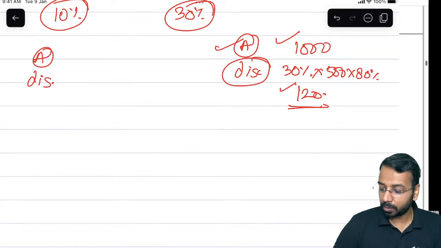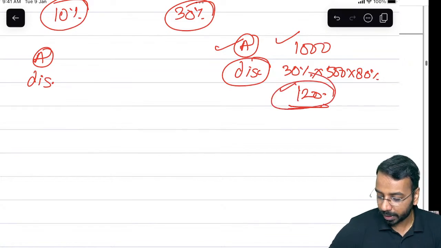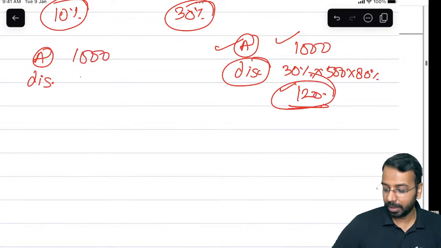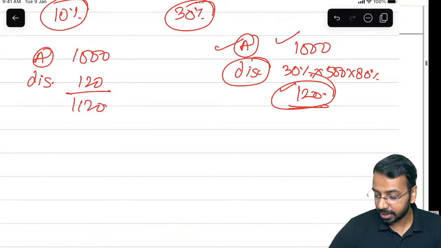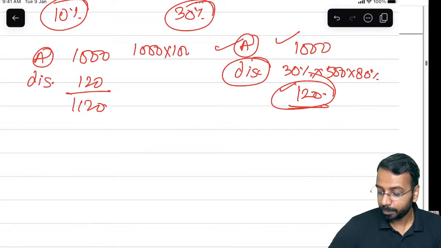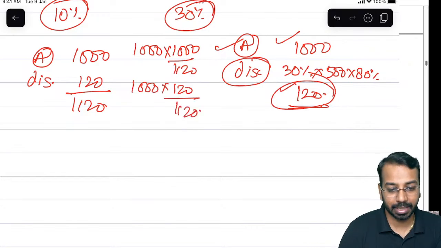But by paying us 1000, he gets an additional material right of 120. So the standalone prices are 1000 and 120, totaling 1120. How do we allocate? The amount that you have collected: 1000 into 1000 by 1120, and 1000 into 120 by 1120. This is how we allocate the transaction price.